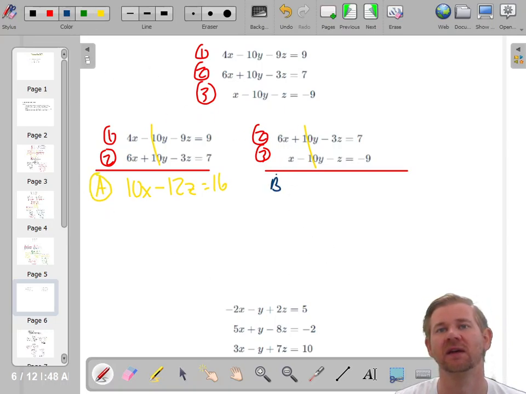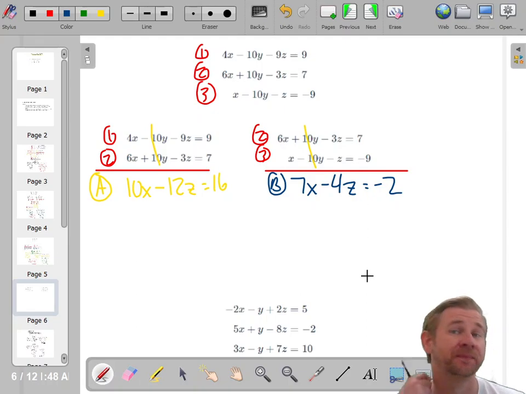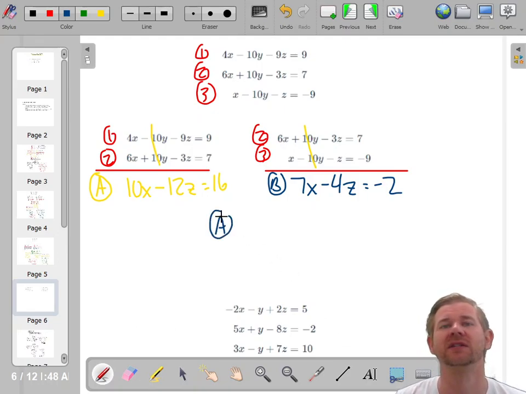6 plus 1 is 7x. Negative 3 and negative 1 make negative 4. And 7 minus 9 is negative 2. Let's see. 7 doesn't go into 10, but 4 goes into 12. So I'll take my A equation. 10x minus 12z equals 16. And then I'm going to make this positive 12, which means I need to multiply the whole equation by negative 3.